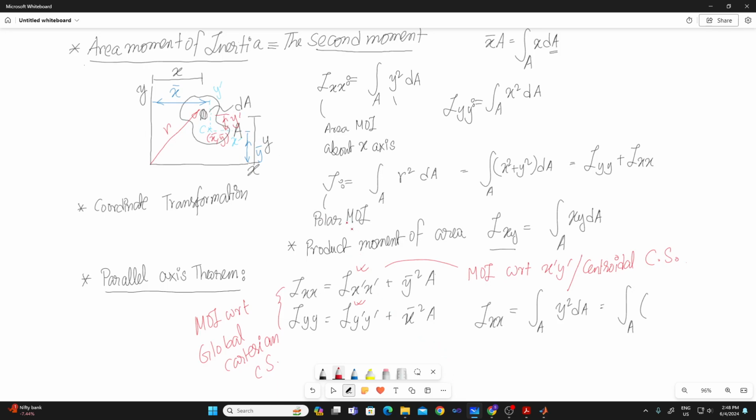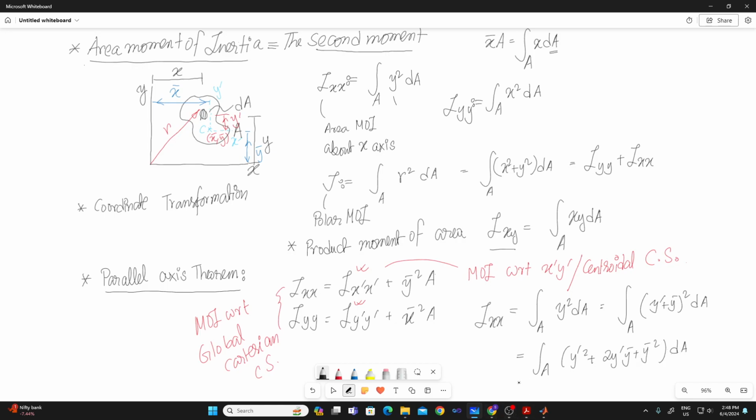So if you do that, y actually is the sum of y prime and y bar, and you need to get the whole squared. You can use the a plus b whole square formula, which is very simple: y prime squared plus twice y prime y bar plus y bar squared, dA.